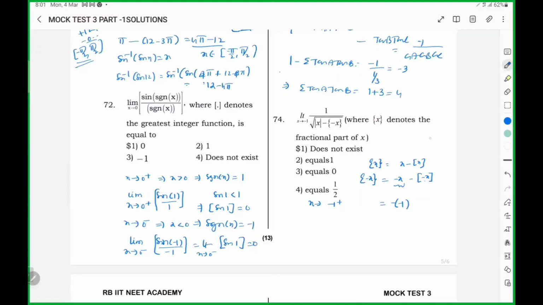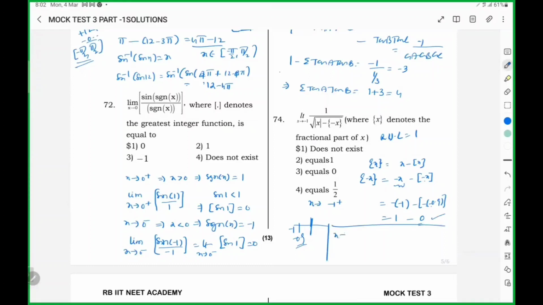Here minus 1 plus means maybe roughly minus 0.9. Minus of minus 0.9. Here it is 0, you get 1. Right. So the right limit will be 1.